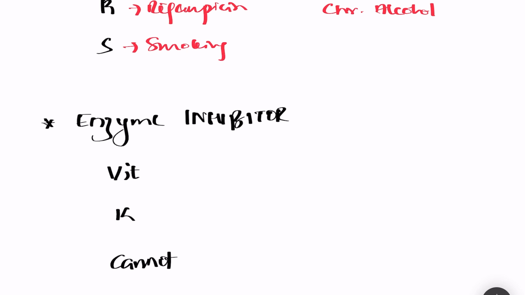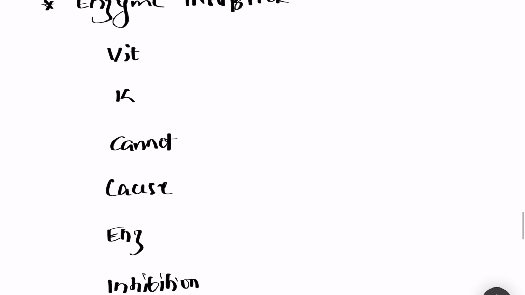So which are all the drugs which come under enzyme inhibitors? You have a mnemonic, that is VKCCEI, vitamin K cannot cause enzyme inhibition. V stands for valproate. You can write it as verapamil.